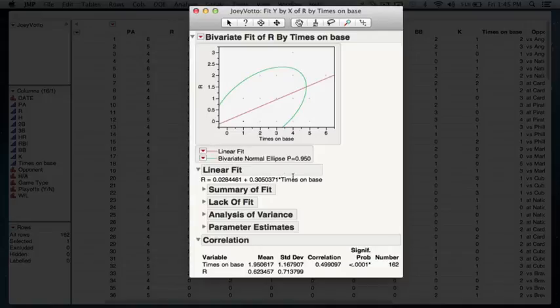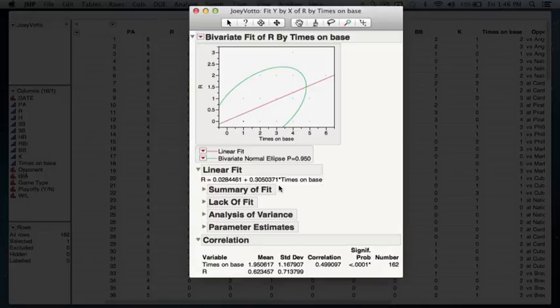So if Joey Votto gets on base 3 times in a game, 3 times 0.3 is about 0.9, then plus 0.03. So we can round that up to 1. So the regression line predicts that if Joey Votto gets on base 3 times in a game, he's going to score about 1 run. And it falls right under that point there. So that's just a way to understand how to read this regression equation.